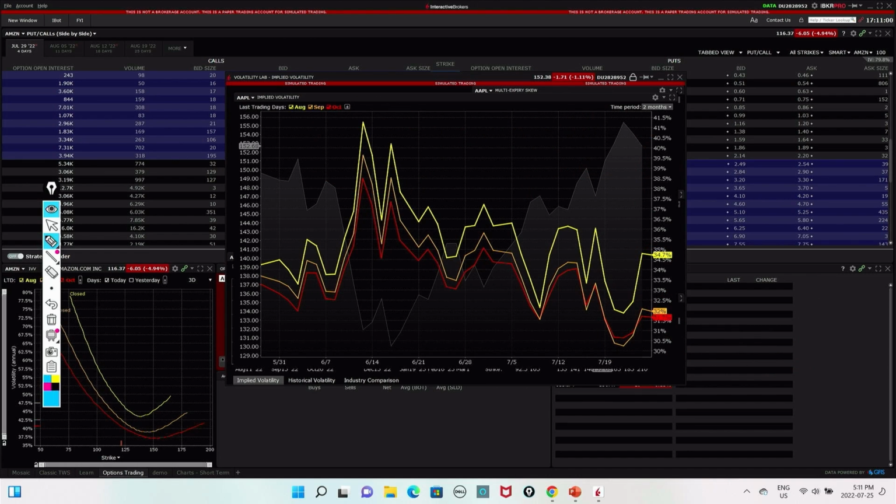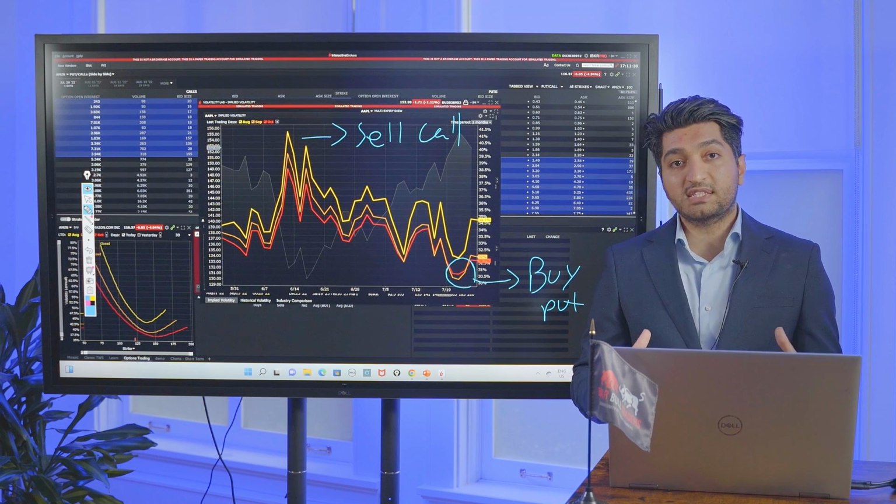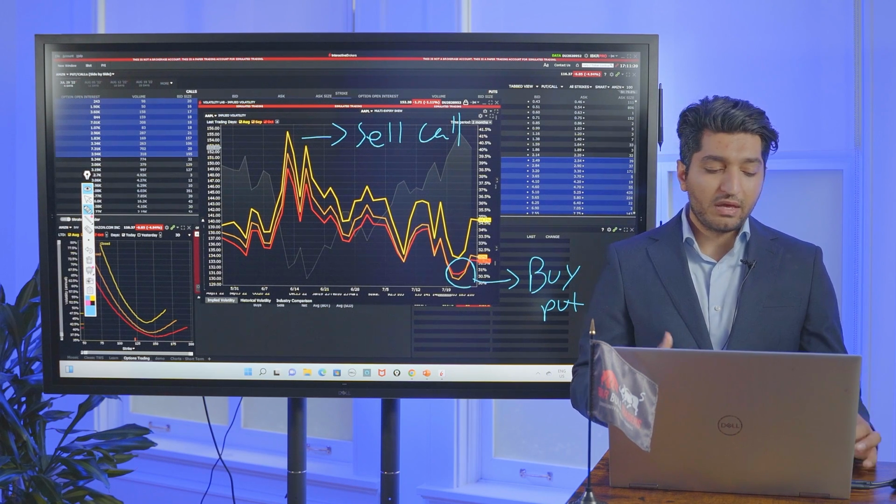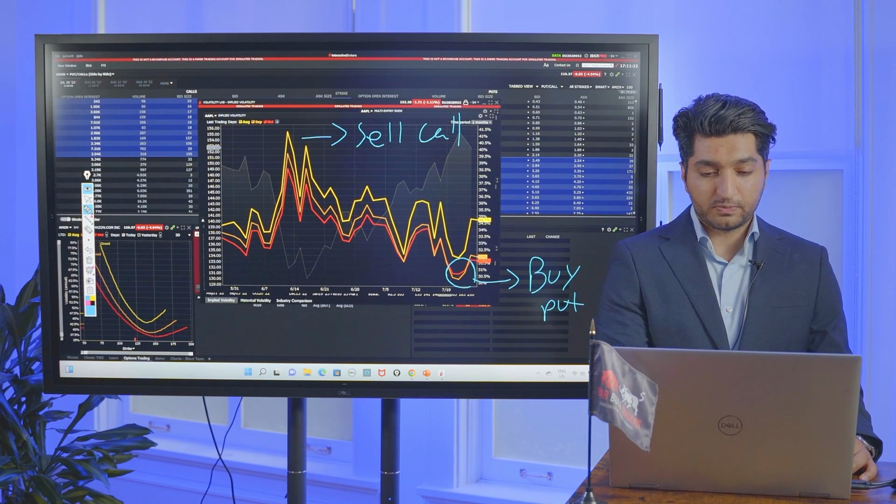If you're bearish, you want to sell calls here or buy puts here in this area when volatility is lower. So implied volatility also plays a big role in what strategy you should choose.